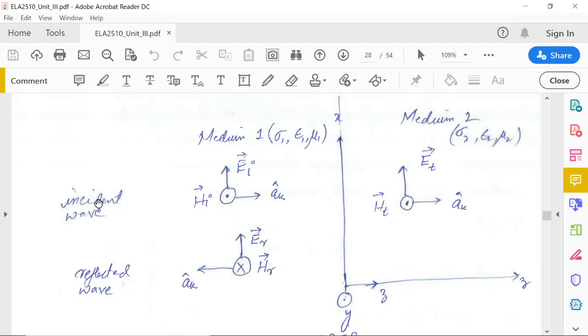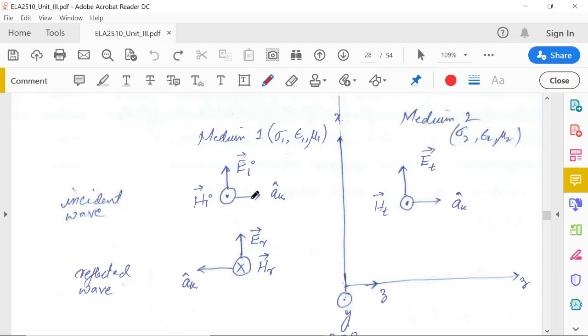Now we have the incident wave. Consider this an incident wave moving in this direction. When it meets this boundary, it will be reflected back, and some part will be transmitted to the second medium. The direction of the incident wave is along ak.